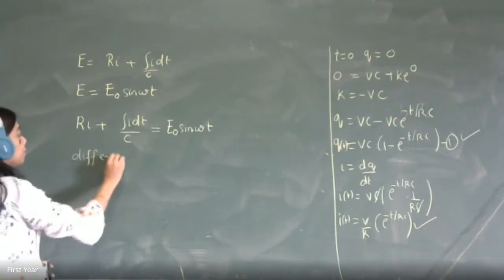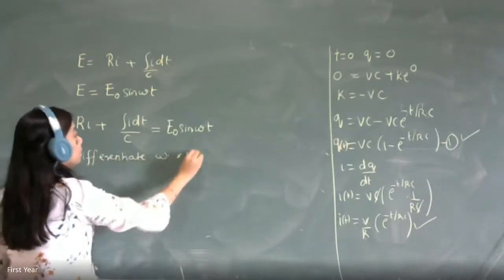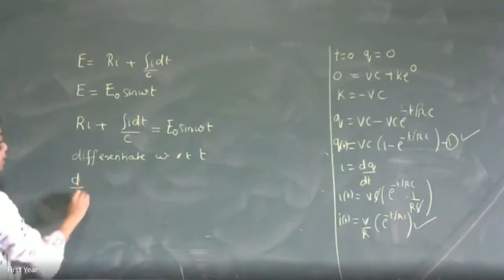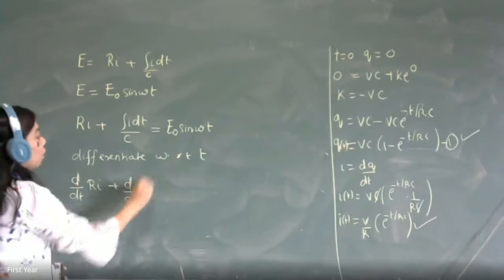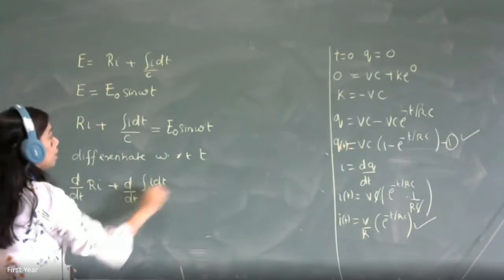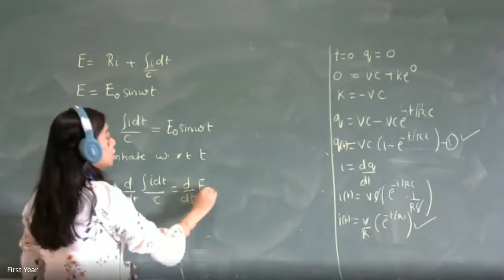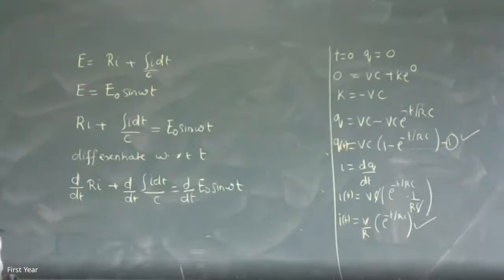So now I will differentiate this with respect to t. So d by dt of Ri plus d by dt of integration I dt by C is equal to d by dt of E0 sin omega t. If you forget this, then your value of the current in terms of t will be wrong.